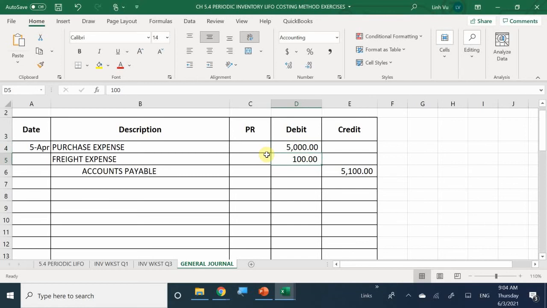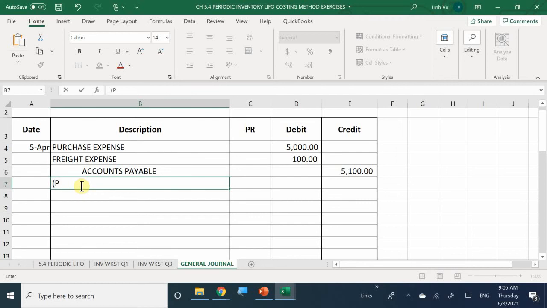If you want to make sure your calculations are correct, you can just enter a formula into the cell here. And of course, I'm also going to make a note here, because in case I do have any returns, like we saw before, I need to note that I purchased 1,000 units and the price was $5 each.